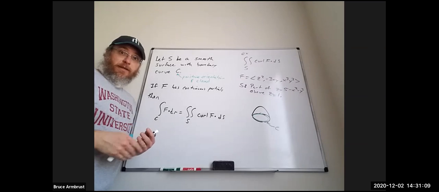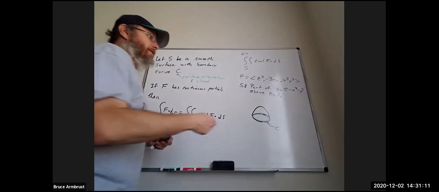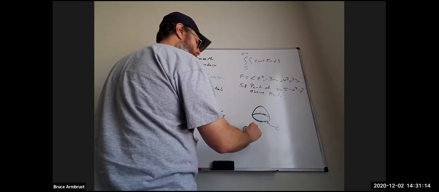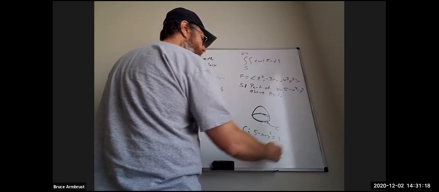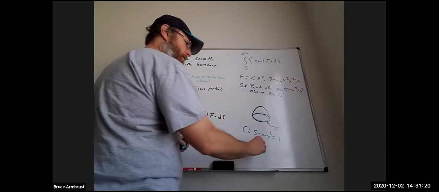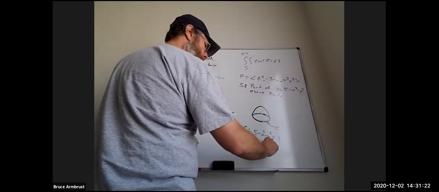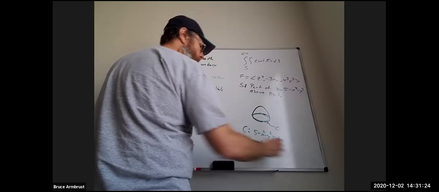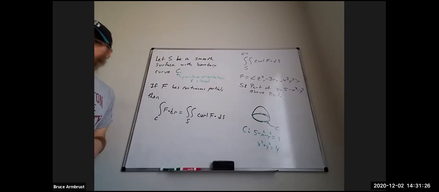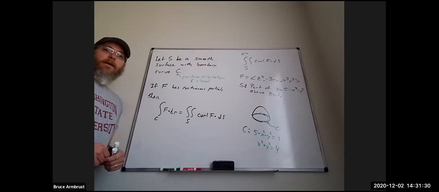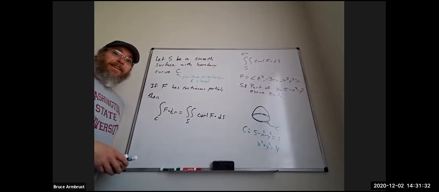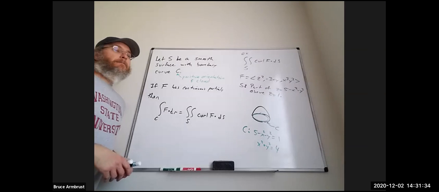It's a circle. And in fact, the equation of the circle is going to be where that intersects z equals 1. So it's a circle of radius 2 that's centered at the origin. Okay, so which way is it oriented?